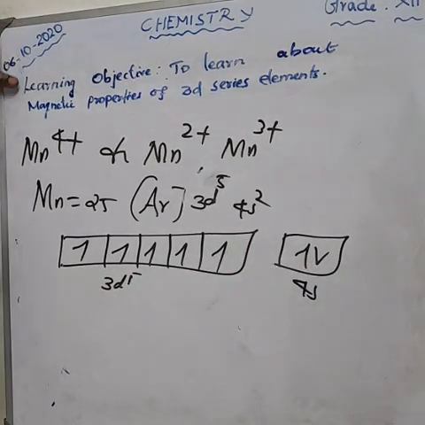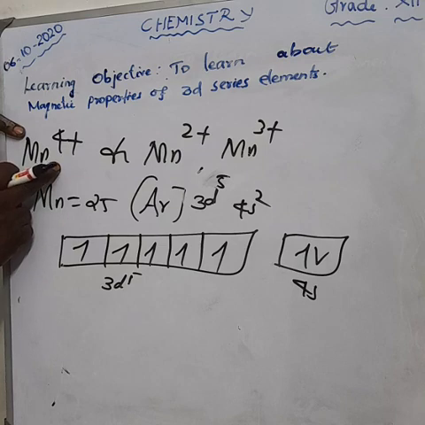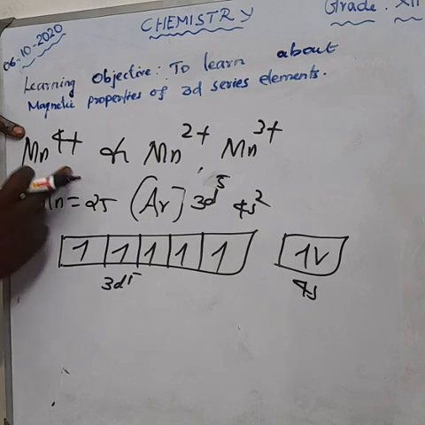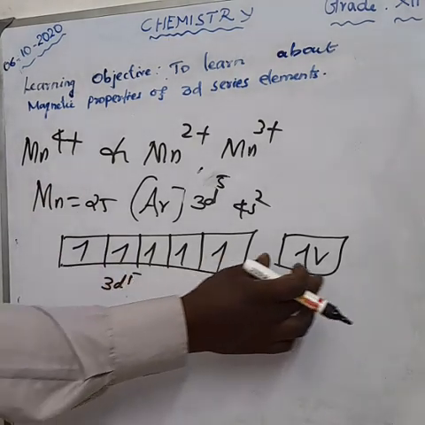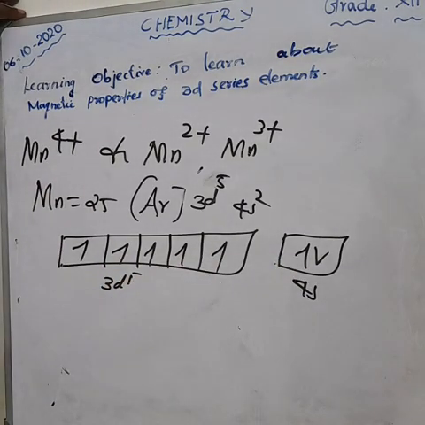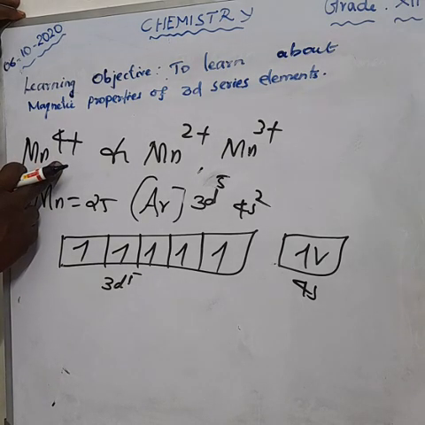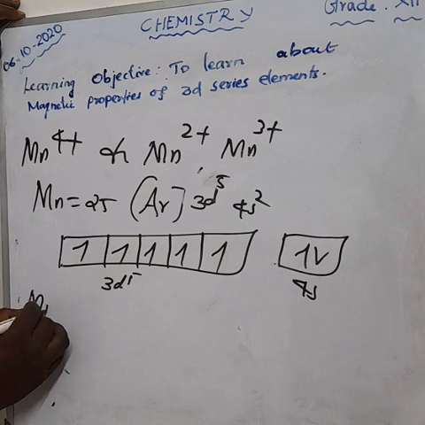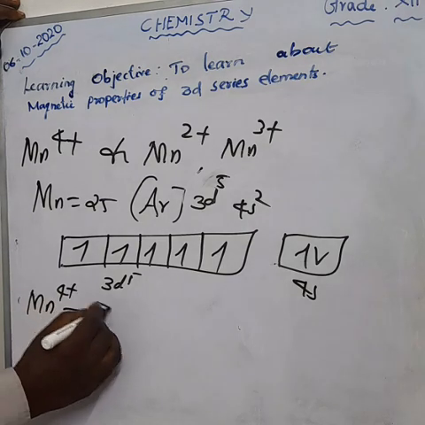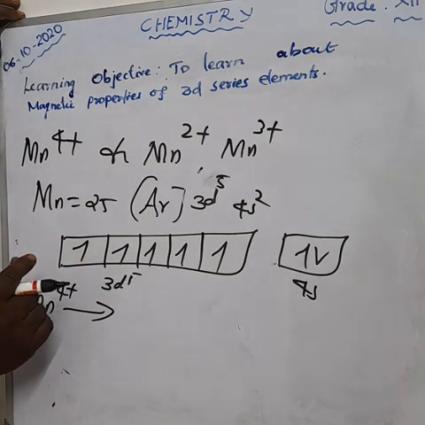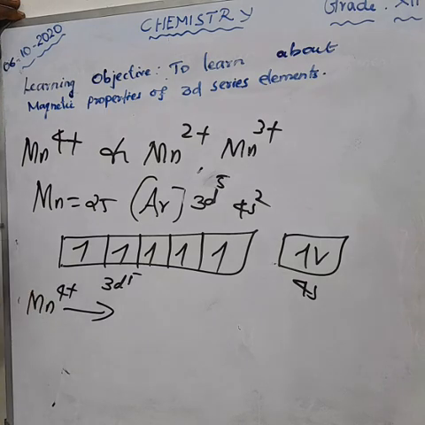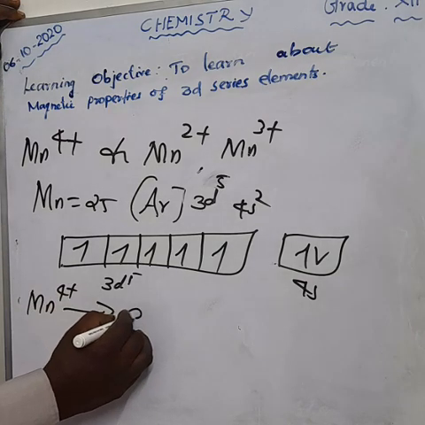Here our question: Mn4+, what is the configuration? Here we have 5 electrons, here we have 2 electrons. 5 plus 2, how much? 7. Out of 7, 4 electrons are lost. 7 minus 4, what is the answer? So Mn4+, what's the configuration? d3 configuration. Mn4+ means a d3 configuration.